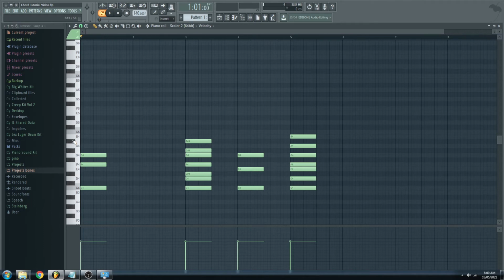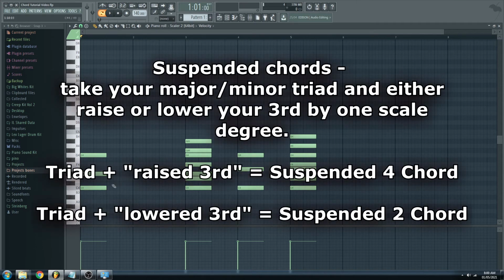So there's 2 types of suspended: a sus2 and a sus4. A suspended 4 chord is when you take the third interval, whether it's major or minor, and if you're playing the root chord or the 1 chord, you can think of it as raising it up to the 4th note of your scale, okay?